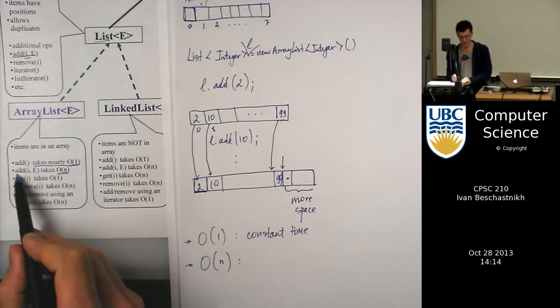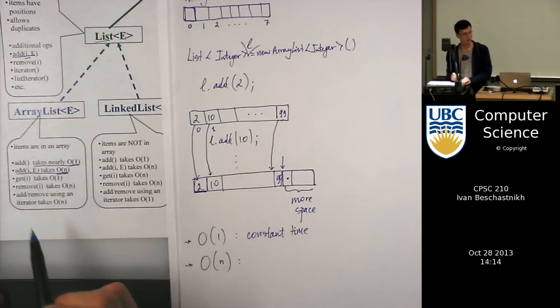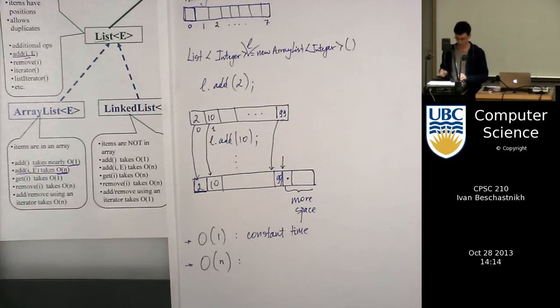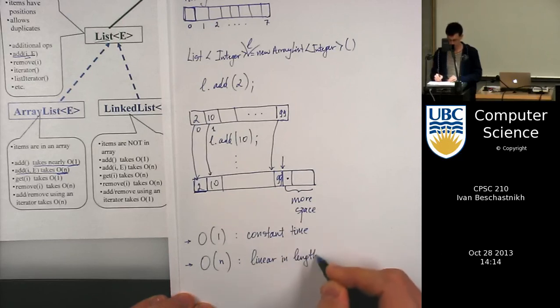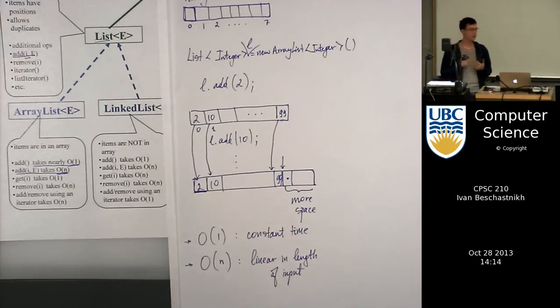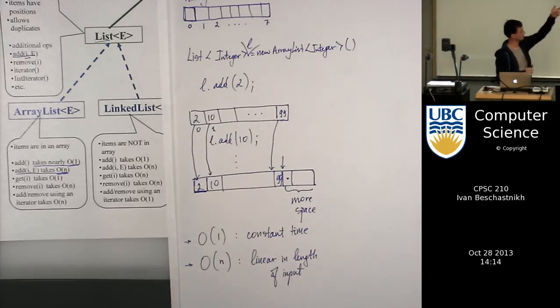If I want to add something in the middle of my list, it's O of n, which means linear in the length of input. So the inputs to all of these operations are arguments like add at position i and add some element e.